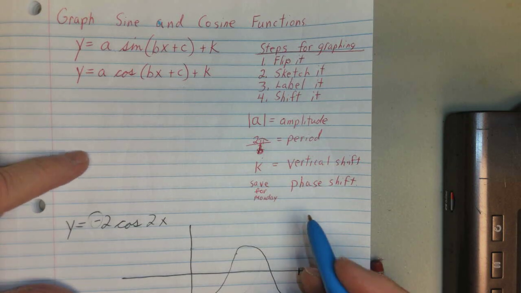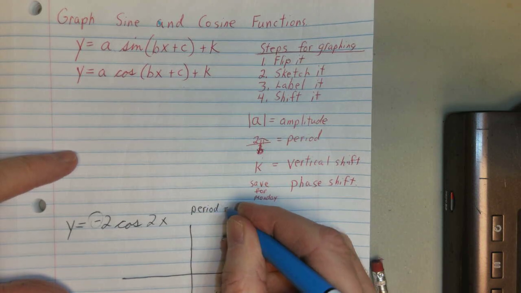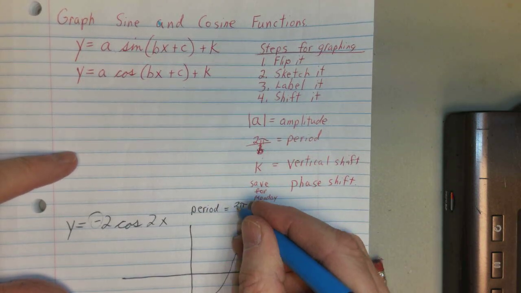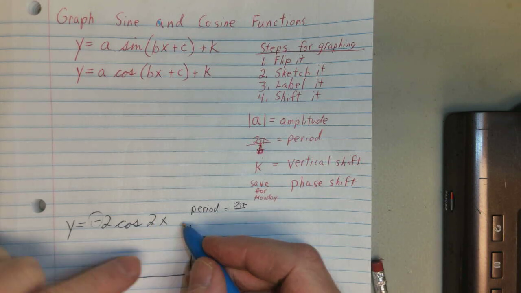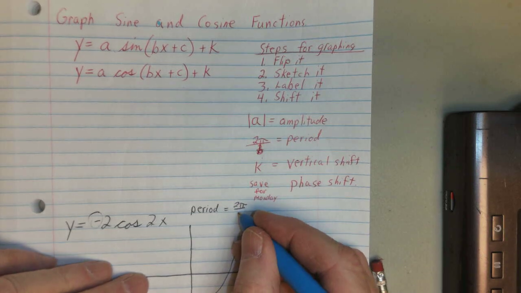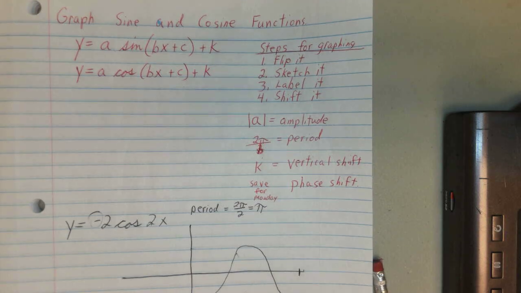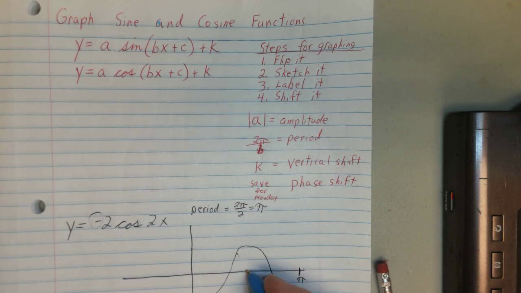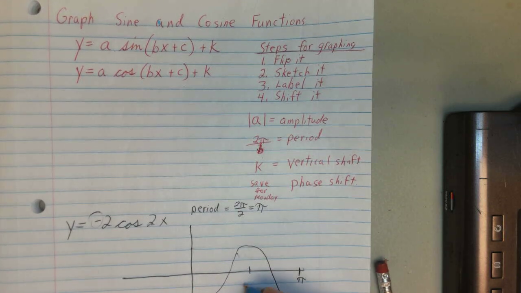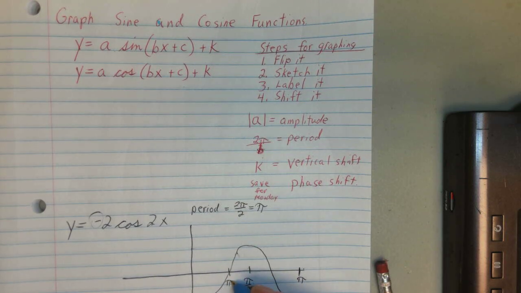The period would be good to identify. The period is 2 pi over b. The c value is 0, the k value is 0, so it's 2 pi over 2, which is pi. The period is pi, so I'm going to label this. One period of this is pi. I'm going to half it, pi over 2. This is a fourth, pi over 4.